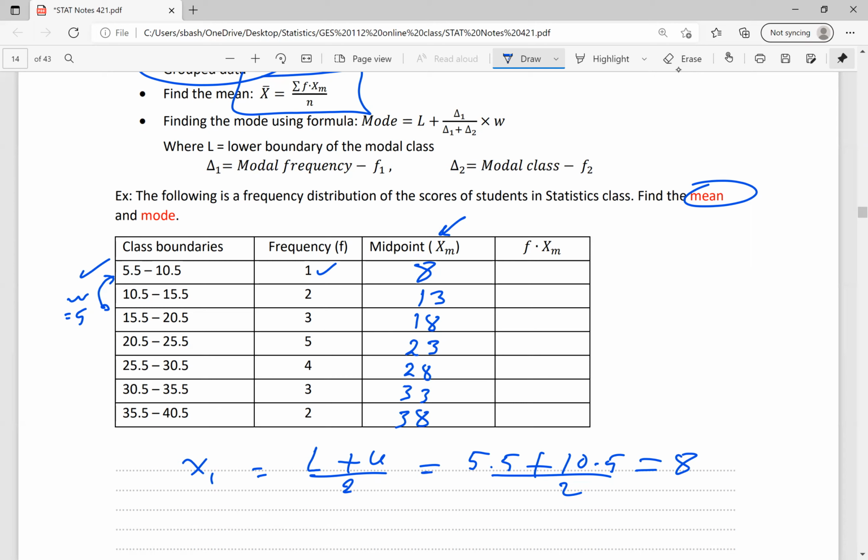Now I need to find f multiplied by xm, frequency multiplied by the midpoint.